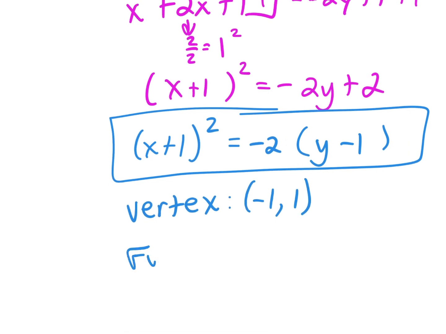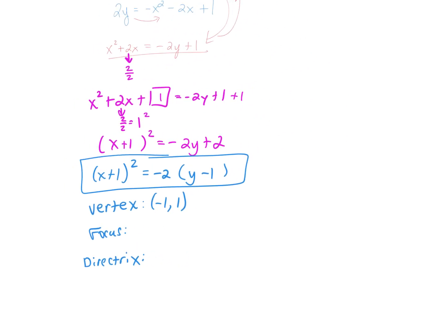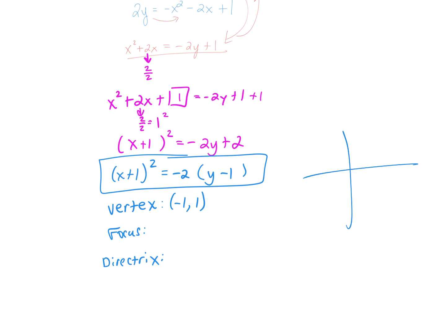Let's talk about the focus. Your parabola opens towards the focus, right? It's a point. And your directrix is a line that opens away from it. Now let's think about this for a second, guys. We drew a picture so we could see. This is my parabola. You said the vertex is at negative 1, 1. And you told me it was negative, right, from the beginning? Okay, so my focus is inside here, correct?